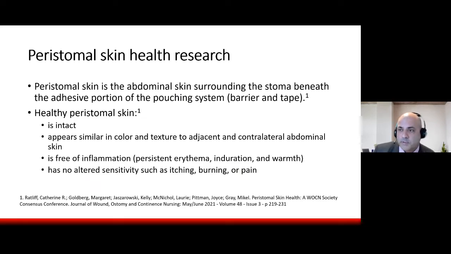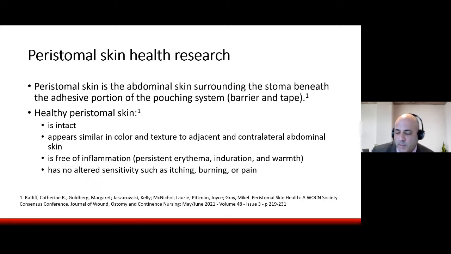If we look at the research, and there is quite a bit of research being done on ostomy management, because there are many people both in Canada and worldwide who have an ostomy. We do know that the peristomal skin is generally considered that skin that's covered by the barrier, and it should always be intact, again, looking like the skin on the other side of the abdomen, and really should be free of any redness or signs of skin breakdown.